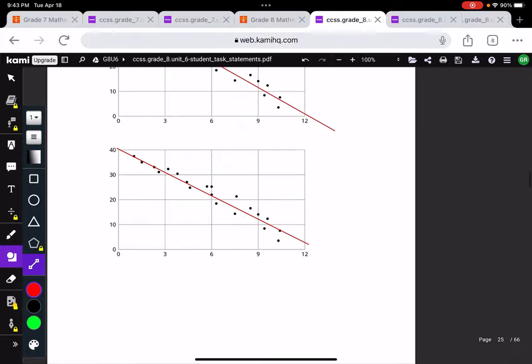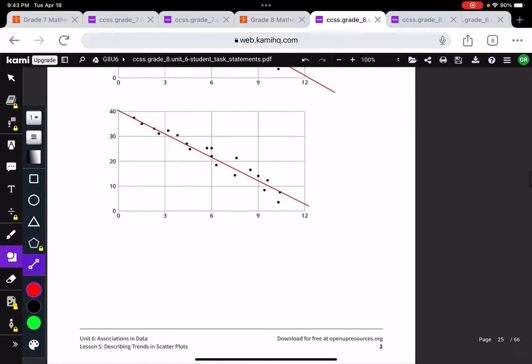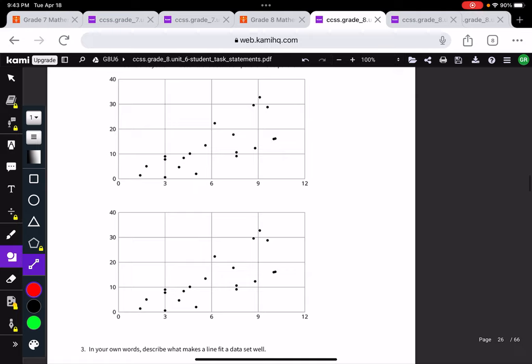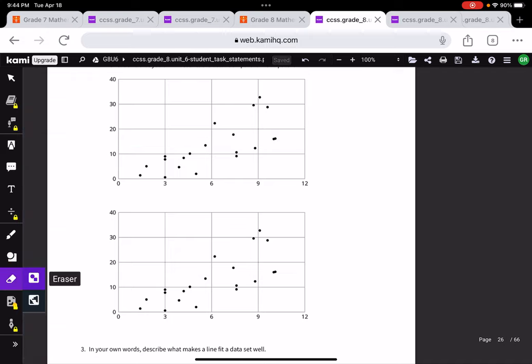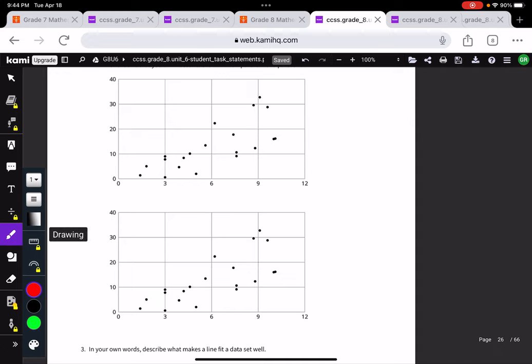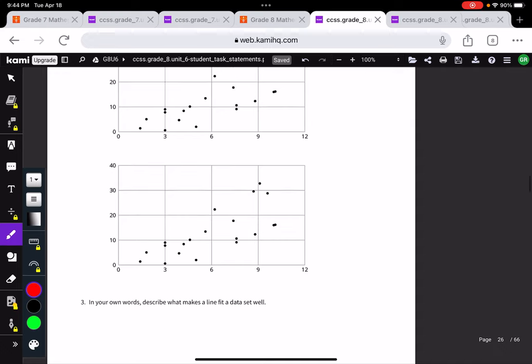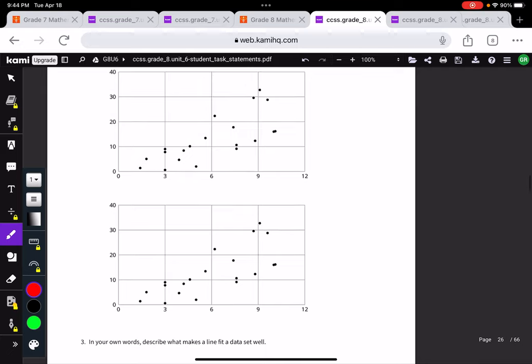Because you could argue that up there, you could say maybe half the dots are above, half the dots below. That might work. If I use that same reasoning, I could just say then, well, guess what? This line says half the dots are above, and half are below, even though that's not true because I didn't draw it very well. You can see that line of reasoning for number 3 when it says, in your own words, describe what makes a line fit a data set well. That's part of the reasoning, but that's not enough because cutting it in half isn't going to quite cut it.